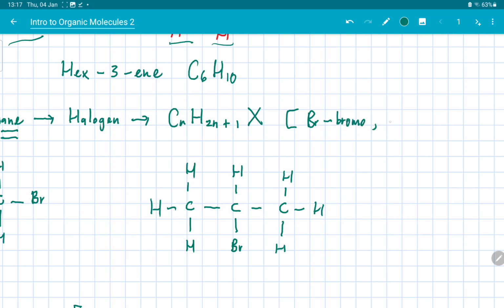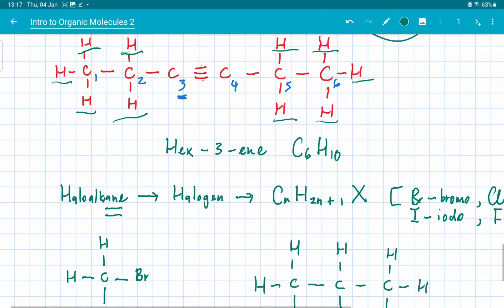If it's chlorine, it is chloro. If it's iodine, iodo. If it's a fluorine, it is fluoro. Those are the abbreviations that we're going to use. We're not going to use the total name, fluorine.